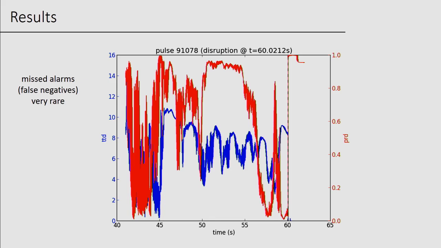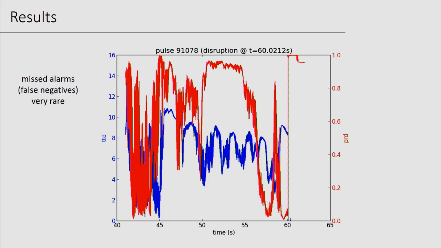Of course, once the disruption happens, the network says, hey, disruption, right? But that's too late to take any action. So technically, we could say that we can trigger an alarm, but not with sufficient anticipation. Physicists will say, okay, this does not work.